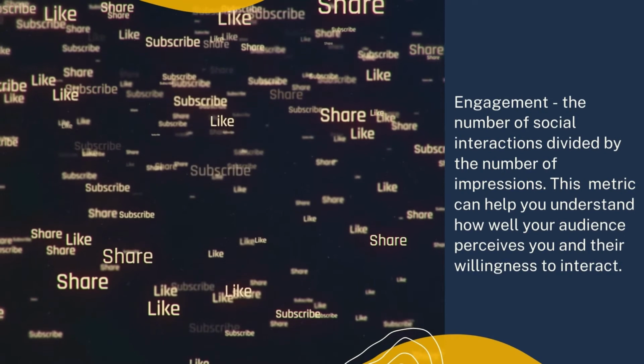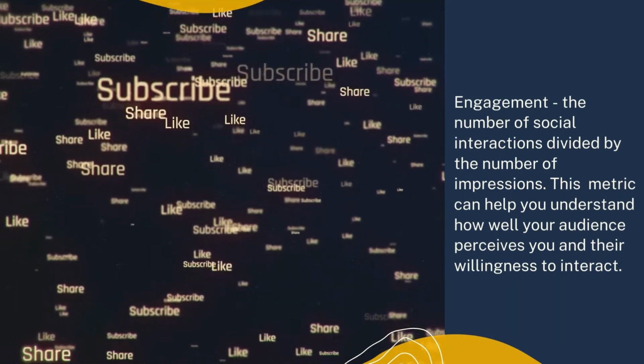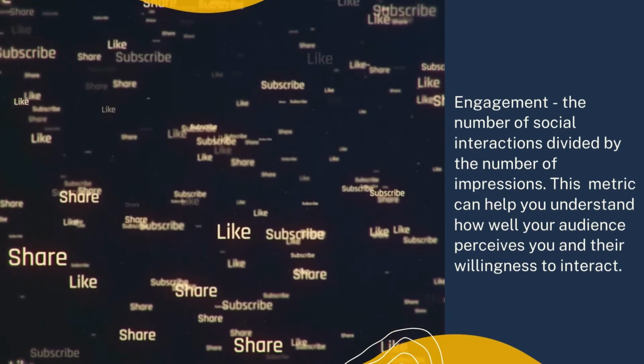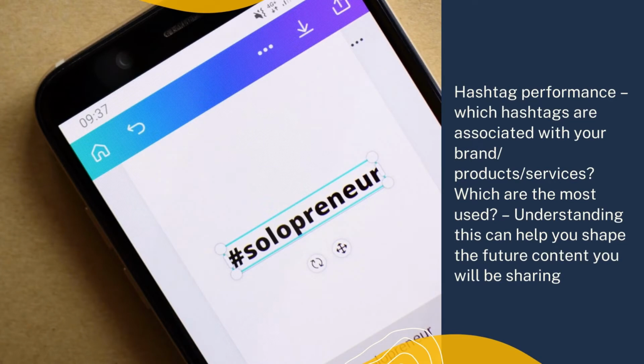Engagement, the number of social interactions divided by the number of impressions. This metric can help you understand how well your audience perceives you and their willingness to interact. Hashtag performance, which hashtags are associated with your brand, products, or services. Which are the most used? Understanding this can help you shape the future content you will be sharing.